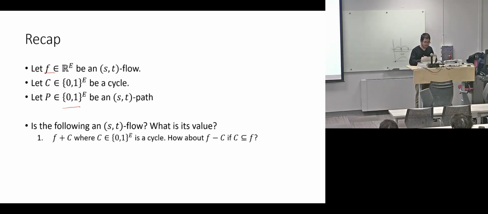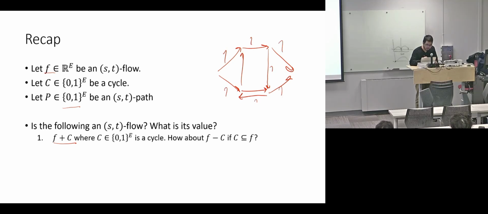Oh no, I mean adding it to the flow. Okay. So, for example, the flow might be like this, and then let's say I have maybe just this thing too. Let's say everything is 1, and I have the flow like this. But if I add another thing here of 1, well, this is violated.